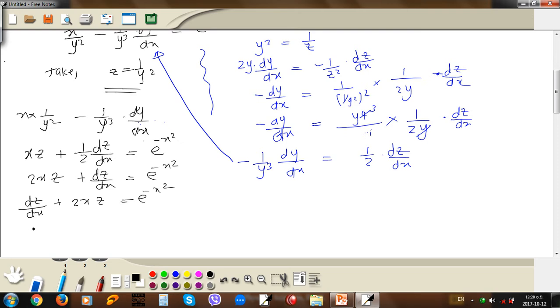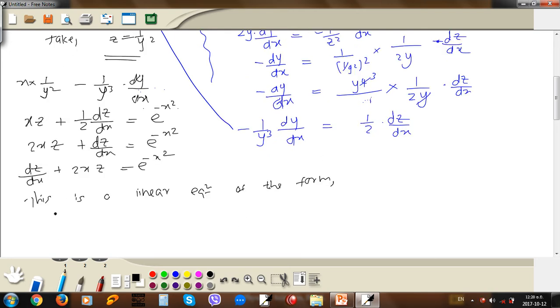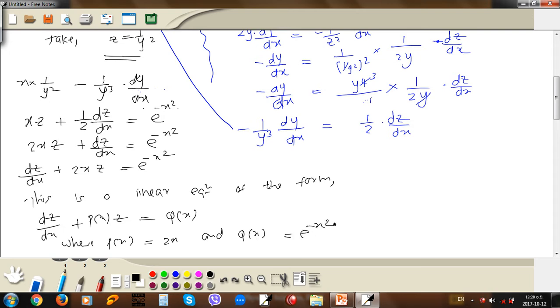It is of the form dz over dx plus p of x z equals q of x, where p of x equals 2x and q of x equals e to the power minus x squared.